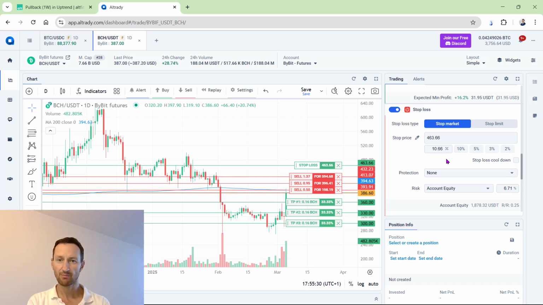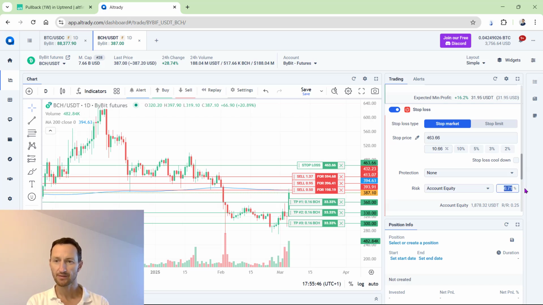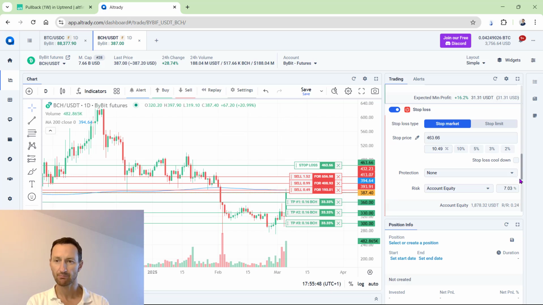So in this case, the system already placed a stop loss at $460. And this is a nice feature of the platform as well, that would mean I would potentially be risking 6.7% of my portfolio. That's a bit too much.